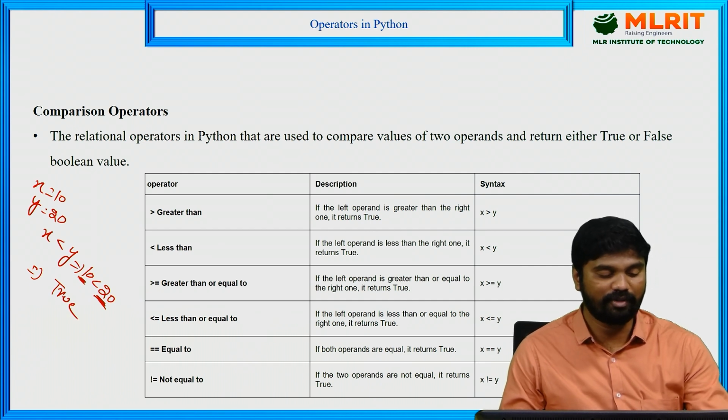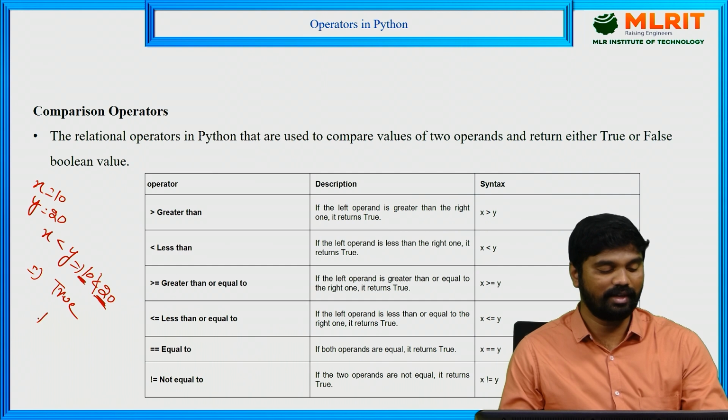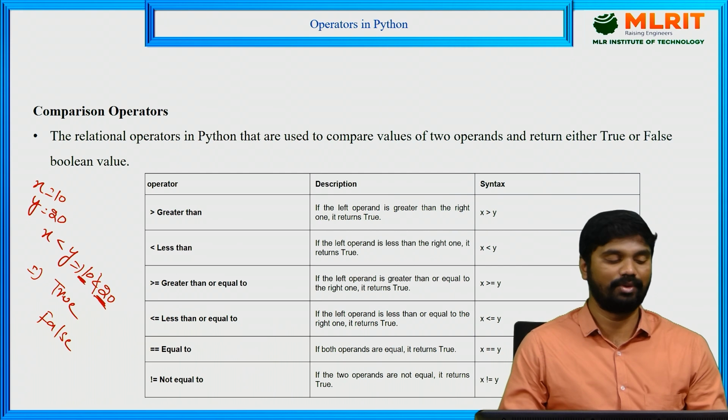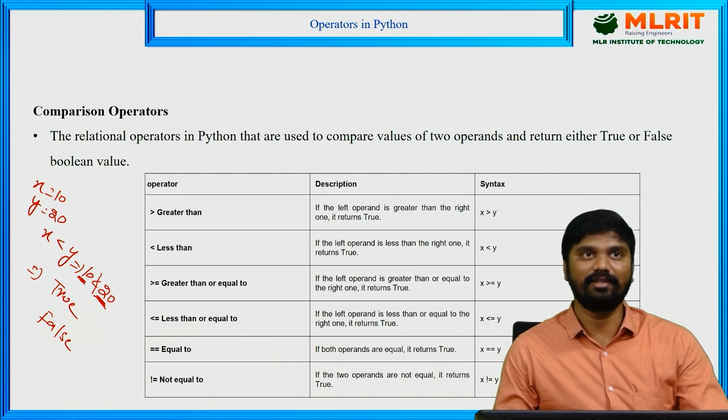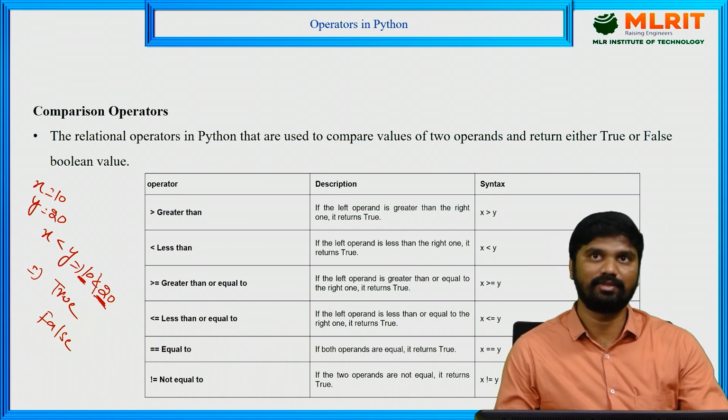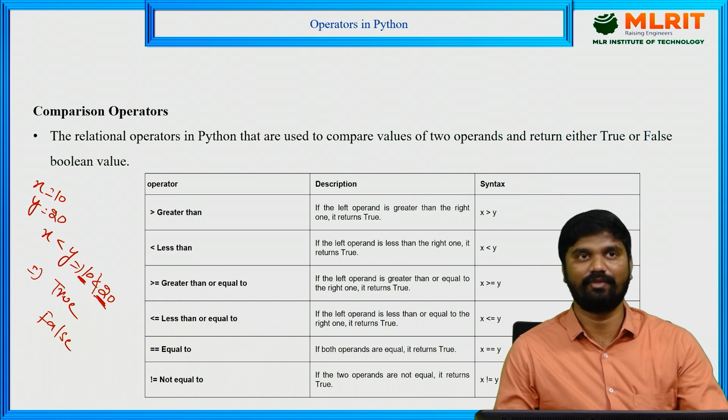If the left operand is not less than the right operand, then it returns False. So it returns either True or False. The comparison operators return Boolean type values, that is, True and False.